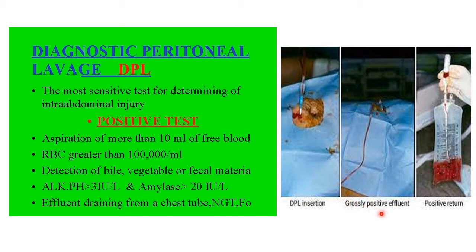If it's grossly positive effluent, then it's positive and surgery must be done. Otherwise, if there's no fresh blood coming out, then you run in some Hartmann's or some saline to do a lavage, and you drain out the fluid, and if the fluid is blood stained, then it is positive.